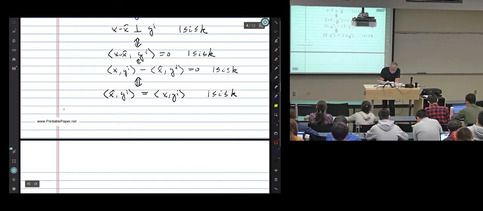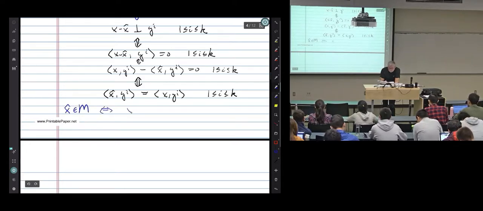Now, x hat is in M, so that means x hat equals alpha 1 times y1 plus alpha 2 times y2 plus ... alpha k times yk.